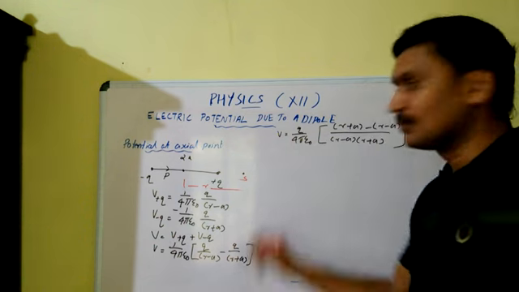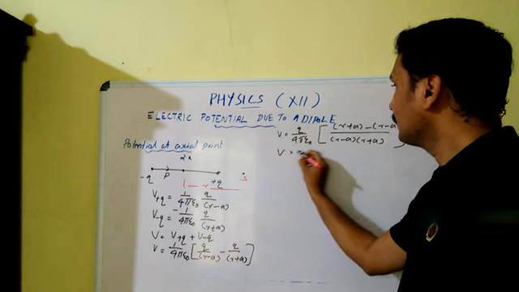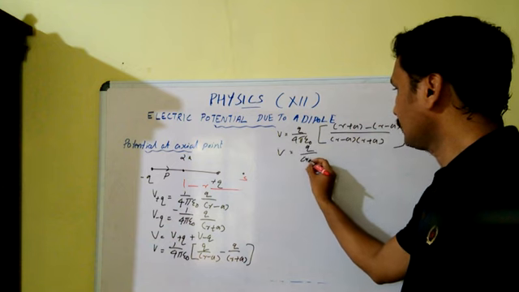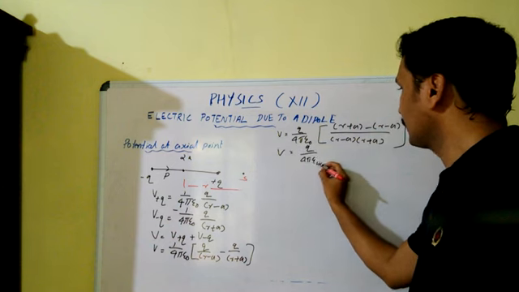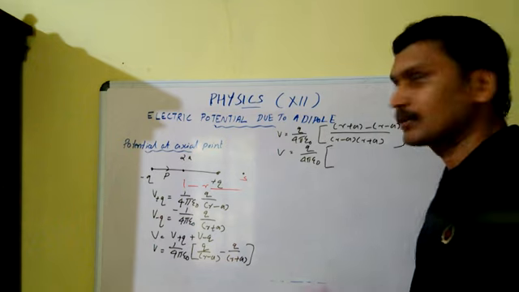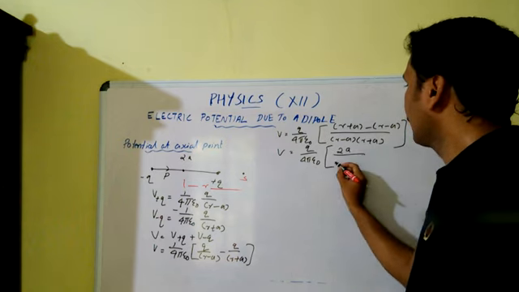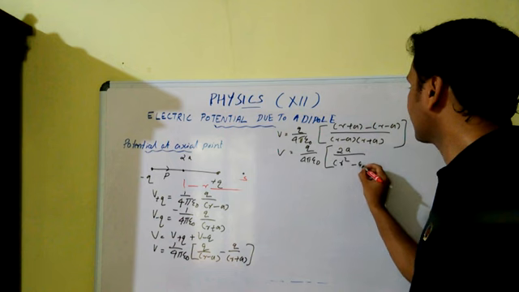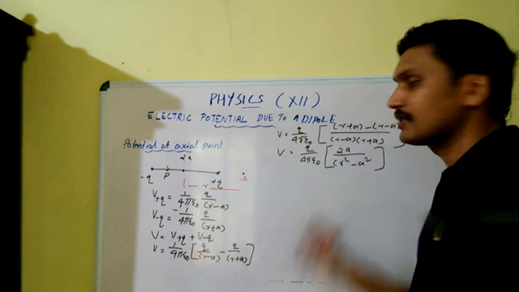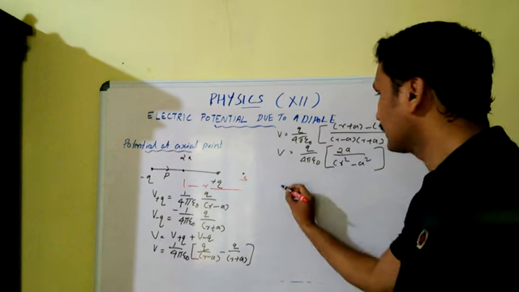What is that? V is equal to Q by 4 pi epsilon 0 into 2 times a by r square minus a square. That's it. Rearrange the bracket.